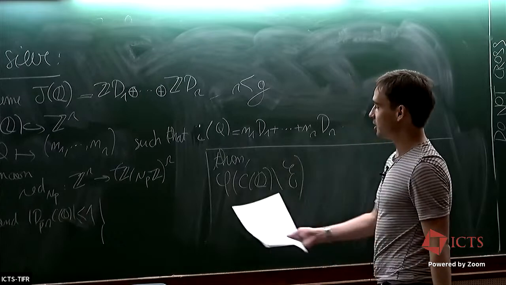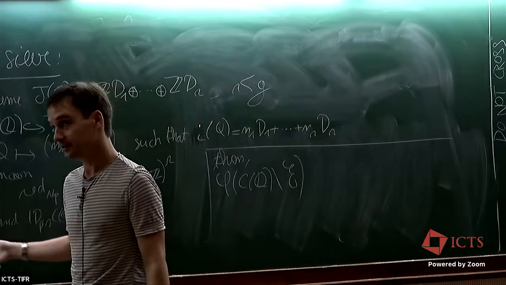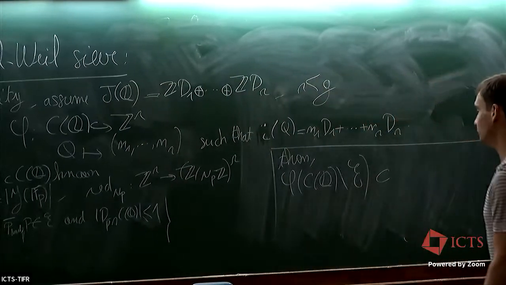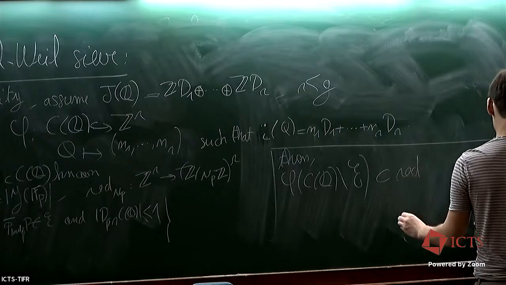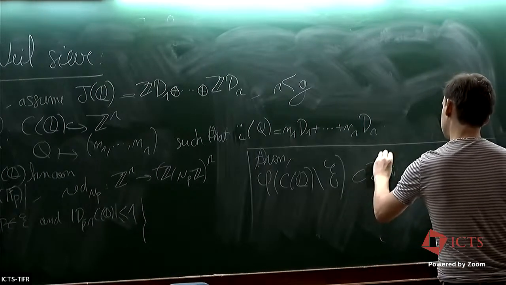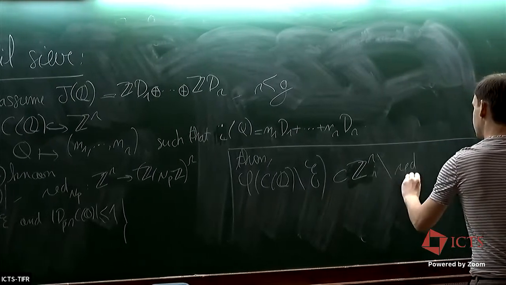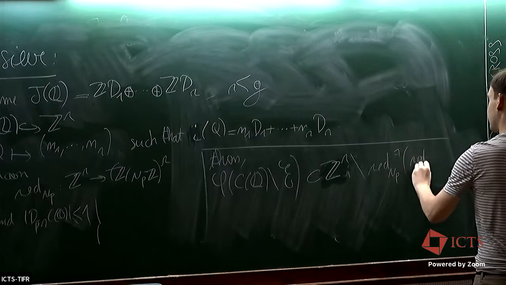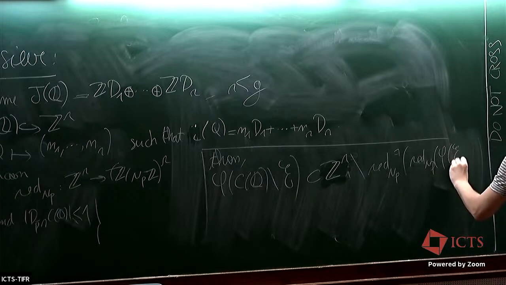If I look at the image by phi of any point which is not in E here, it has to be included in the Z power R minus the inverse image by the reduction modulo NP of the reduction modulo NP of points of EP.